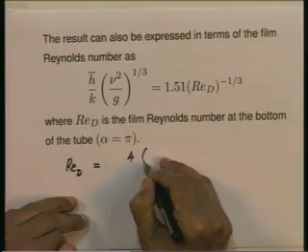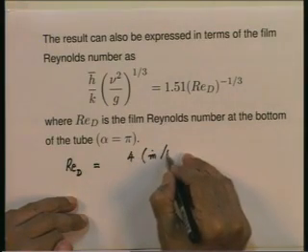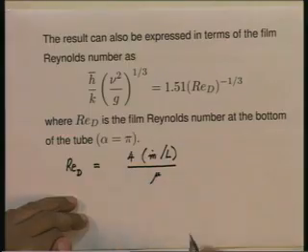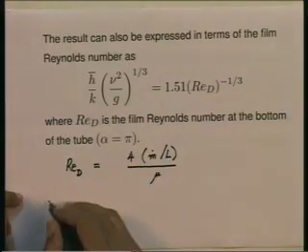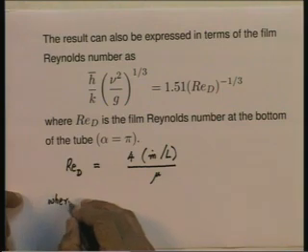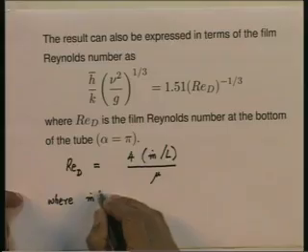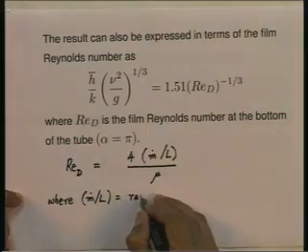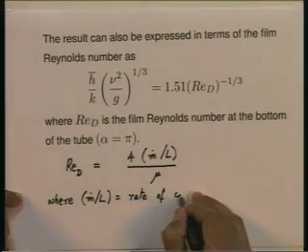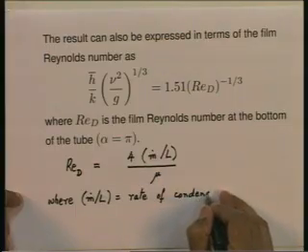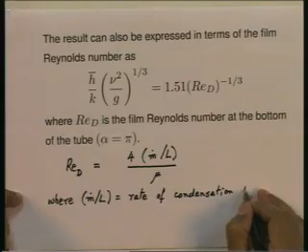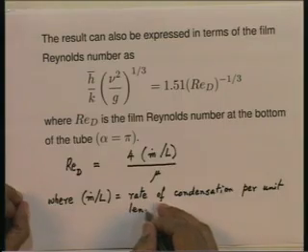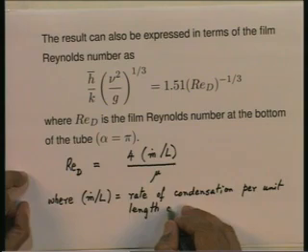4 m dot by L divided by mu. Very similar to what we had earlier, where m dot by L is equal to the rate of condensation per unit length of the tube.